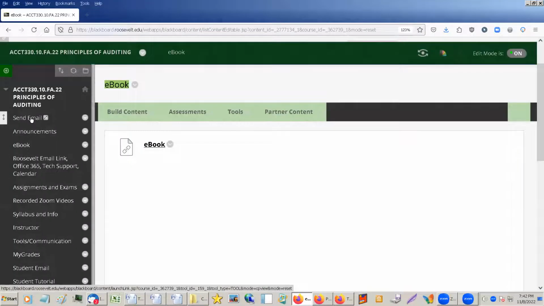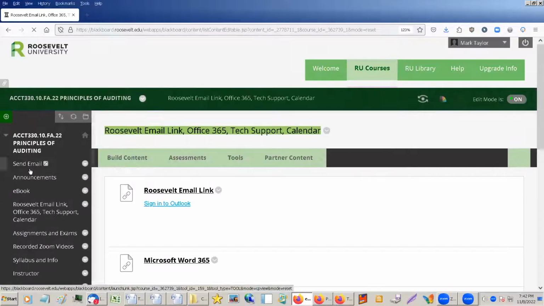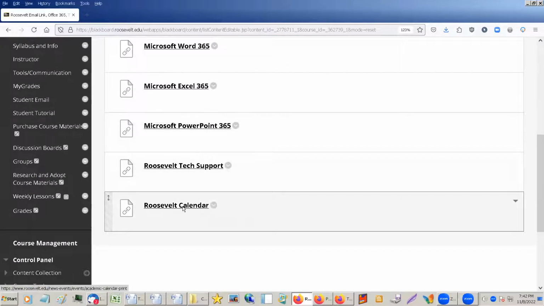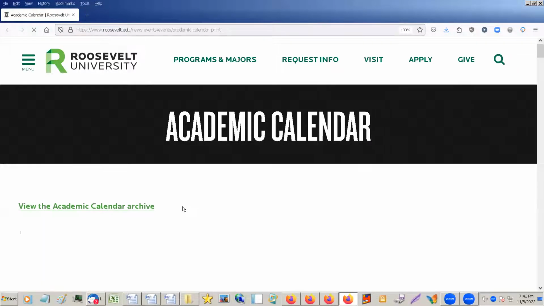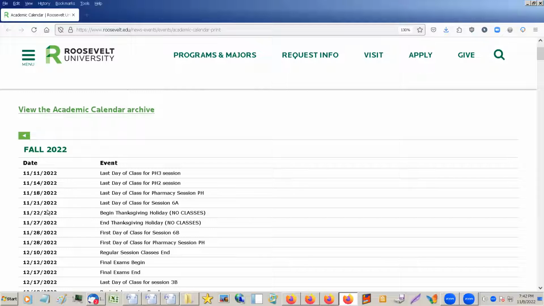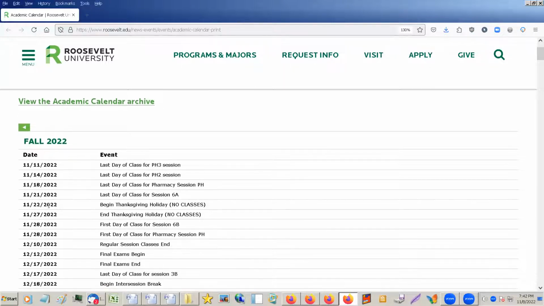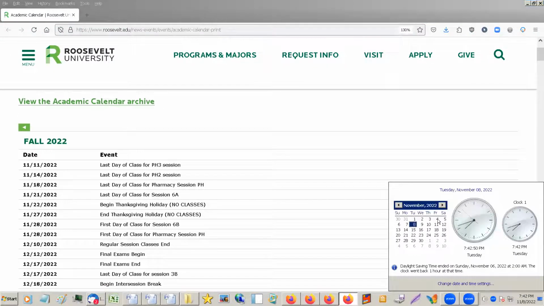I think I got that in Blackboard. 11/22, begin Thanksgiving holiday, no classes. We will not have class on the 22nd. Okay, that's what I thought. I just wanted to make sure, put it on my calendar. Very good. If I don't say anything next week, remind me.